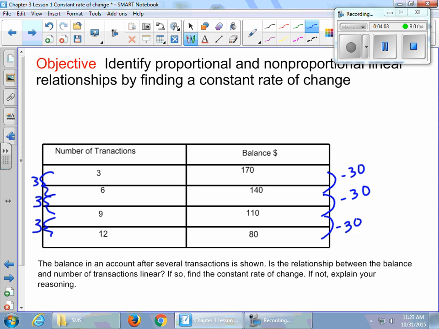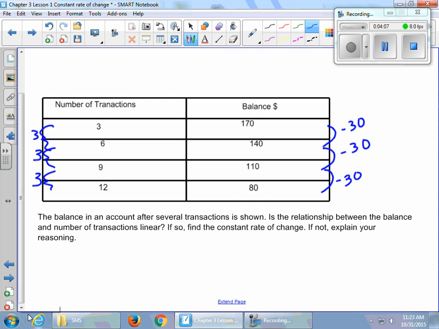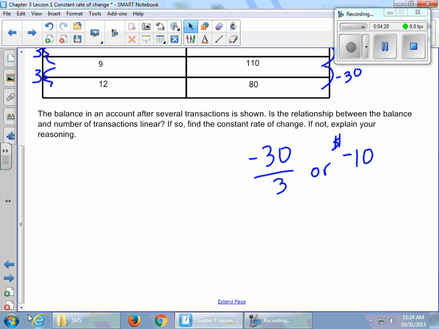I may set it up like this: we had negative $30 per 3 transactions. If we reduce that, negative 30 divided by 3 is negative 10. So you had a withdrawal of $10 per transaction as an average.